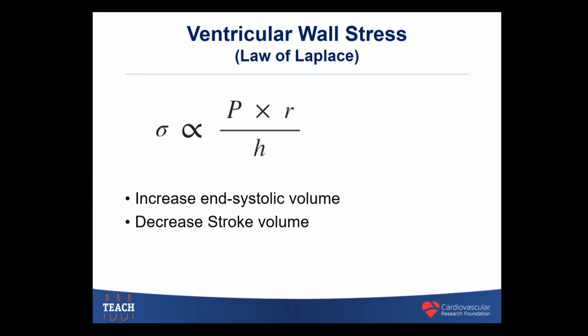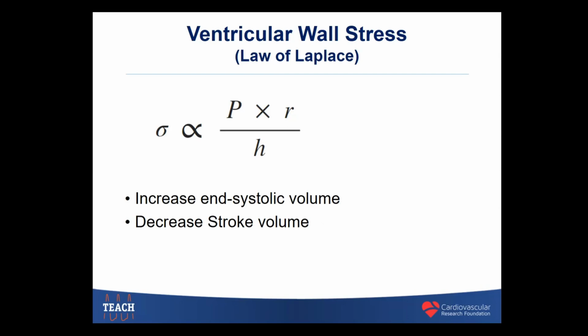When they have high filling pressures, you're going to have high pressure in your ventricle. You're also going to have a stretched ventricle, whether it's the right ventricle or left ventricle. And in general, if their ejection fraction is reduced over time, they've probably dilated out, so they're going to have thin walls.